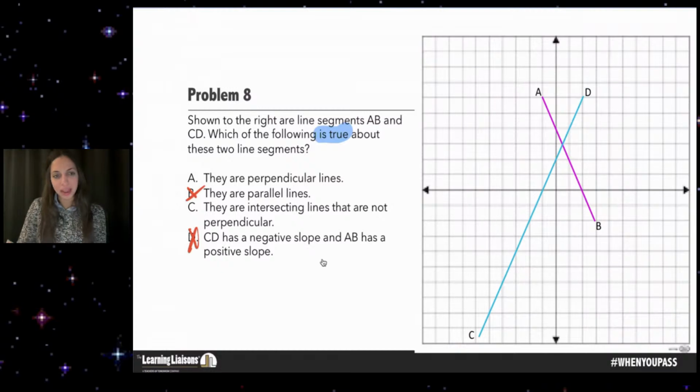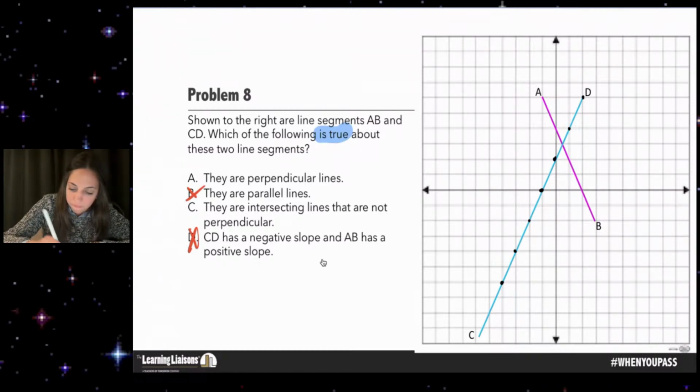So really at this point, I'm just figuring out if they're perpendicular or if they're just intersecting lines that are not perpendicular. How do I go about doing that? Find the slope. I'm going to find where it intersects with my grid. So there's an intersection. Okay, so it looks like we've got intersections all the way up. And then over here, so what's the slope of CD?